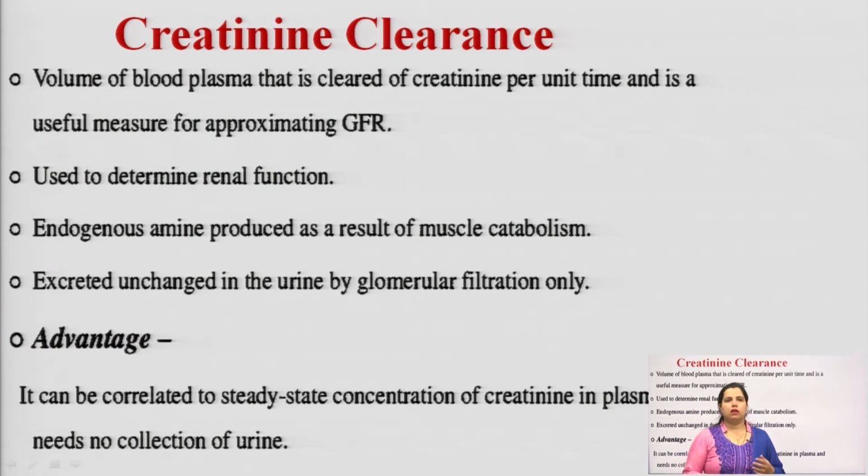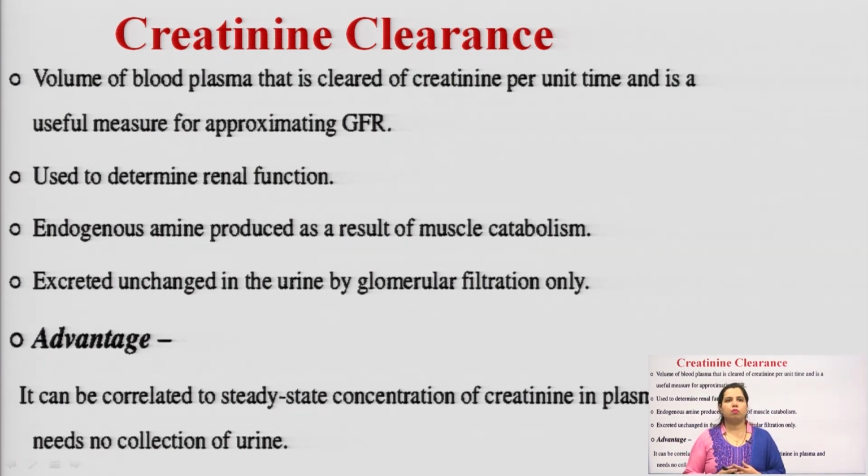Now, after renal clearance, creatinine clearance should also be discussed. The volume of blood plasma that is cleared of creatinine per unit time is a useful measure for approximating glomerular filtration rate. So, it is used to determine renal function, basically whether the kidney is working fine or not for excreting drug.